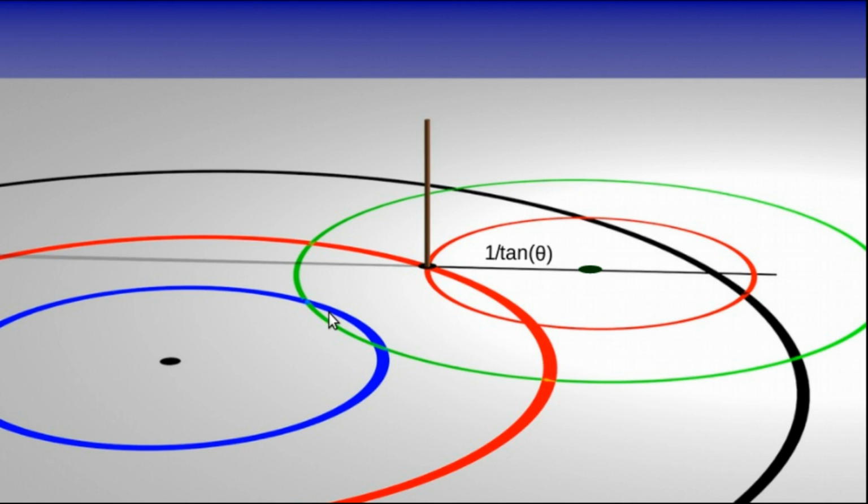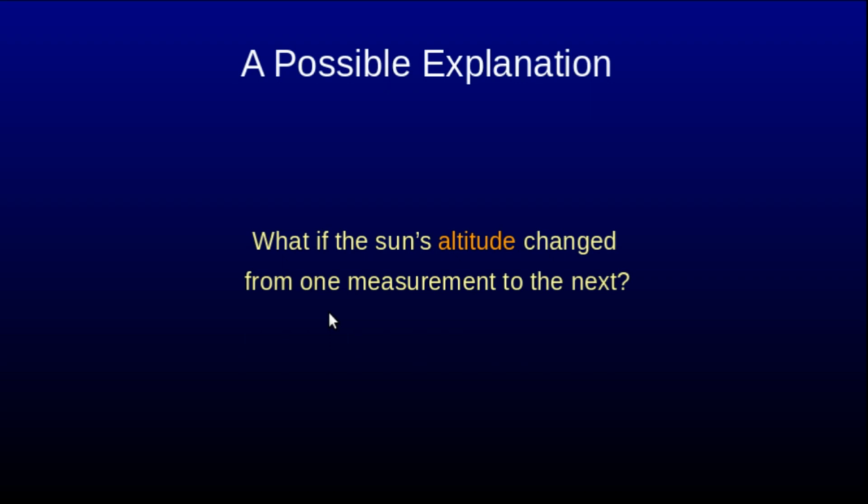So a possible explanation is, what if the sun's altitude changed from one measurement to the next? You see, we still assumed the sun is 1 map unit away when we plotted the red circle and its radius, and when we extended the shadow.